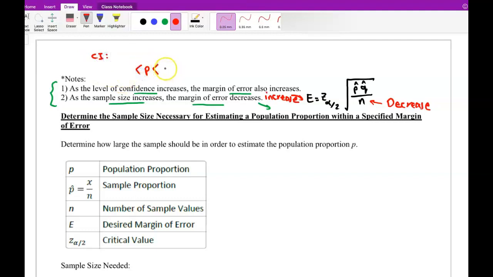What's this one? See, if this one increases, that means you add it to this interval, so this interval will increase.